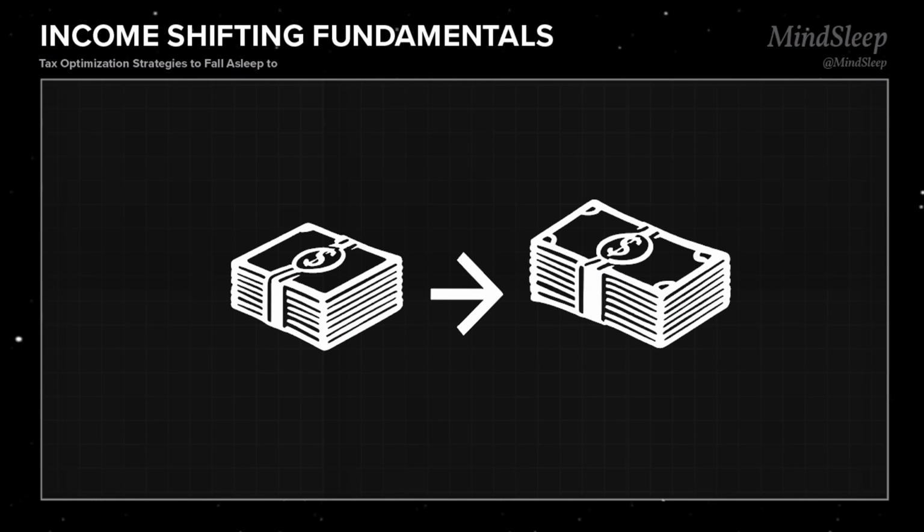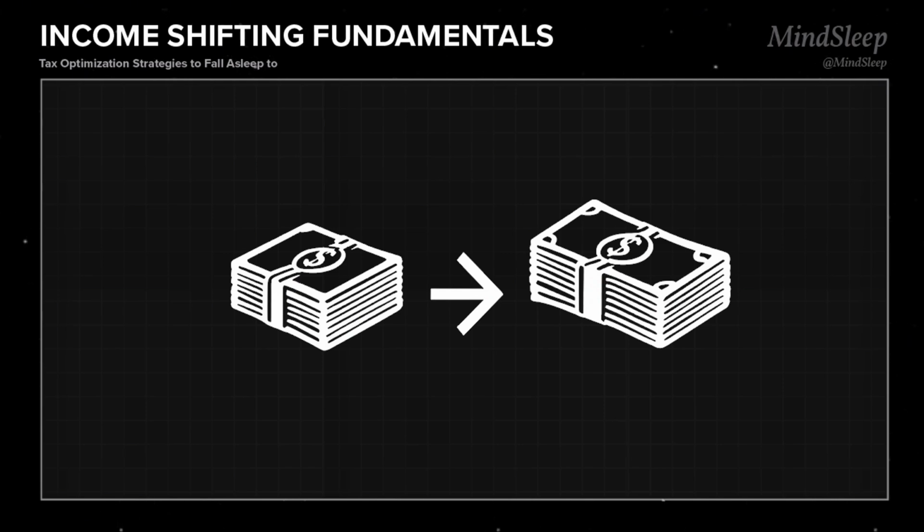Looking towards the future, we can anticipate evolving regulatory trends in the realm of income shifting. As tax authorities become more sophisticated in their tracking and analysis capabilities, we may see increased scrutiny of complex income shifting strategies.